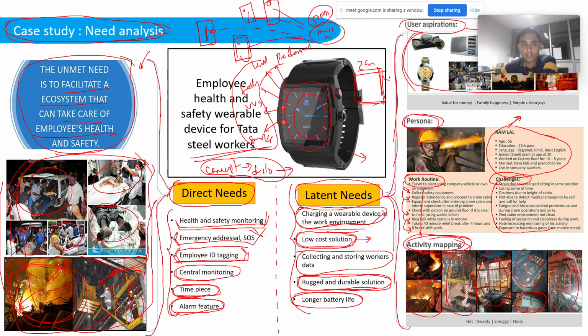Although you may realize the direct needs very soon, slowly you will also realize certain latent needs which, if you do not fulfill in your design, will lead to failure of your product. So you need to consider both direct needs and latent needs to finally satisfy and come up with a good product.